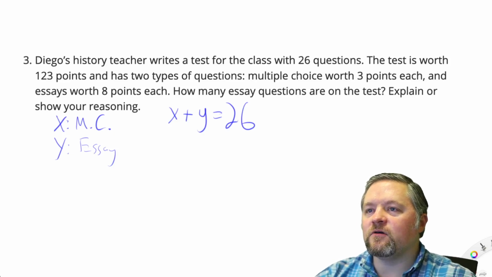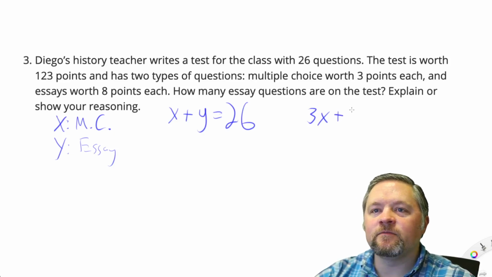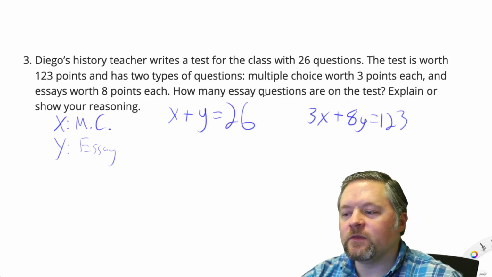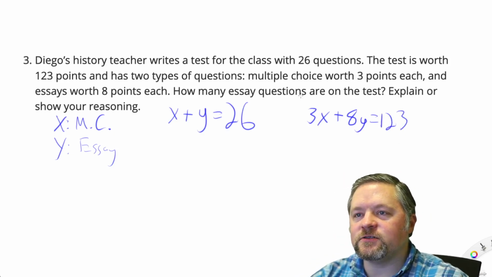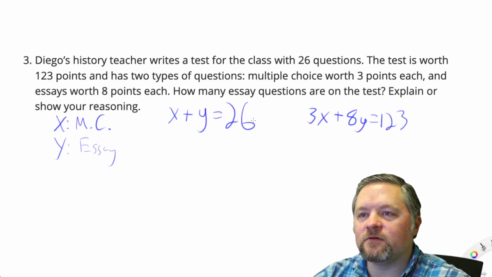We also know the multiple choice questions are 3 points each, which means 3 times the number of multiple choice questions plus 8 points each times the number of essay questions equals 123 points. Now we've got two equations, in X and Y, that we've got to figure out.